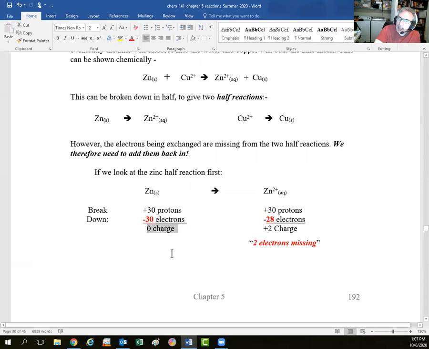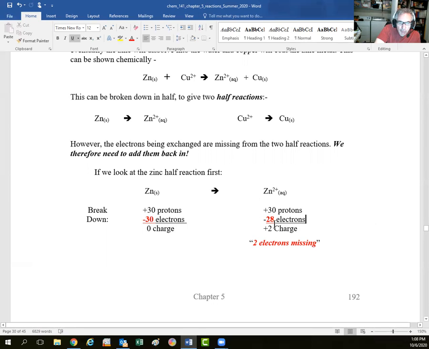That's the only way to get an answer of 0. However, by the end of the equation, we've got this 2 plus charge. And again, it's still an atom of zinc, so it still has 30 protons. You can't change the number of protons without changing the identity of the element. And we'll see examples like that in chapter 10.